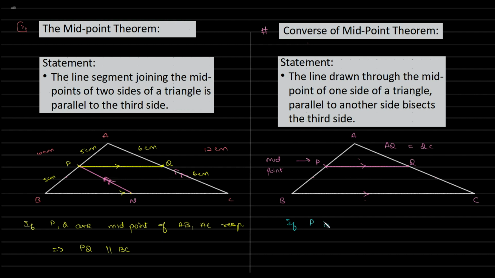If P is midpoint and PQ is parallel to BC, then Q is midpoint of AC. Okay, so this is your difference and these are your theorems.